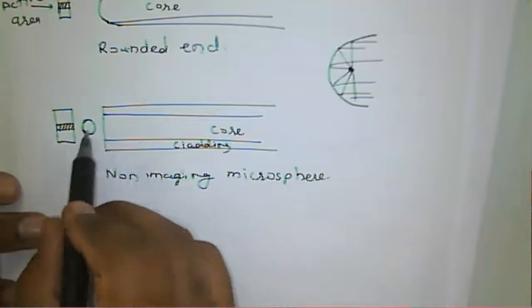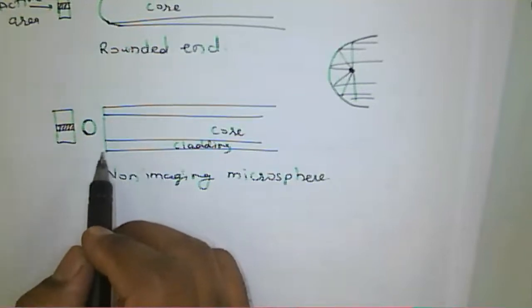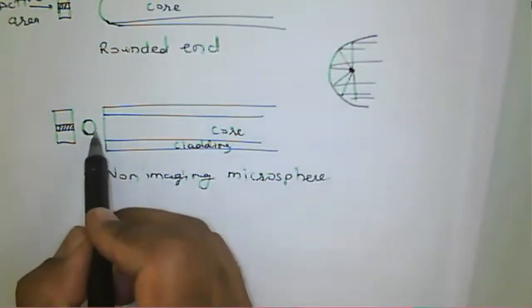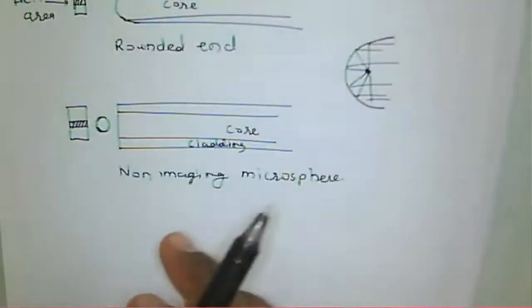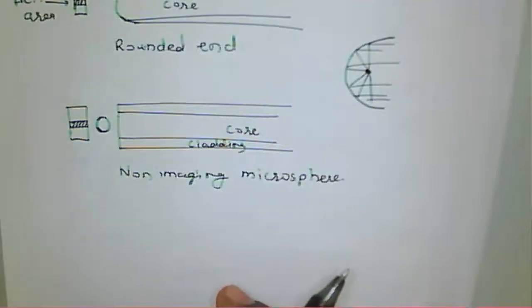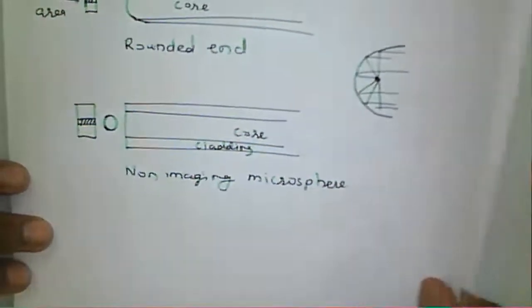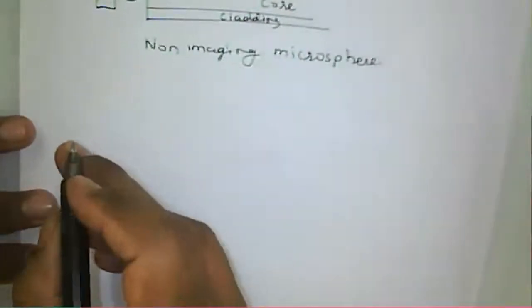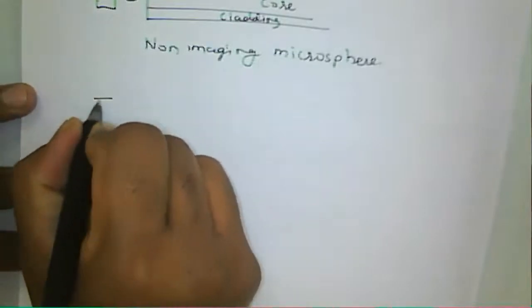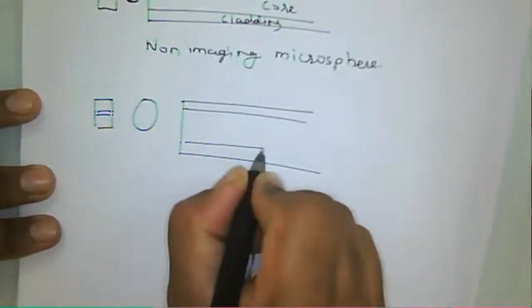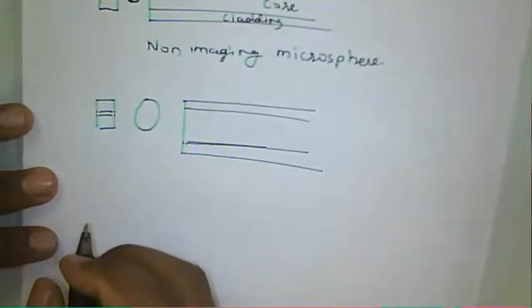So light travels from this lens, and because of that particular focal length, it will radiate in the given direction. So we can consider various schemes, non-imaging sphere, or imaging sphere.